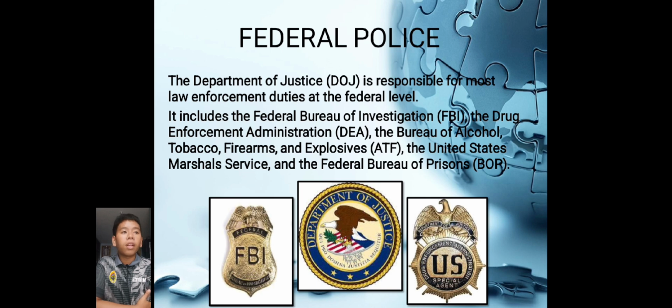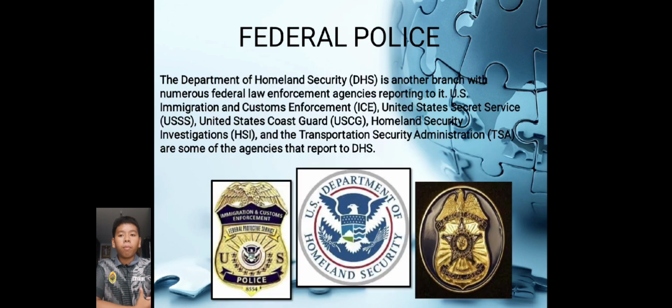It includes the Federal Bureau of Investigation, or FBI, the Drug Enforcement Administration, or DEA, the Bureau of Alcohol, Tobacco, Firearms and Explosives, or ATF, the United States Marshals Service, and the Federal Bureau of Prisons, or BOP.